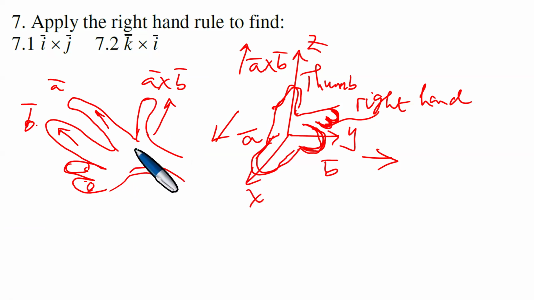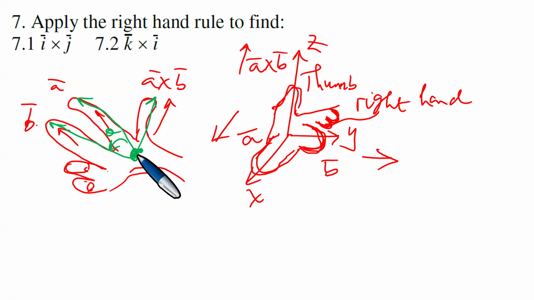Now, let's use a different color, otherwise everything is going to be red. So you can draw a diagram here. This one goes through that finger, this one goes through that finger, and this one goes through that finger. So this is what you have.